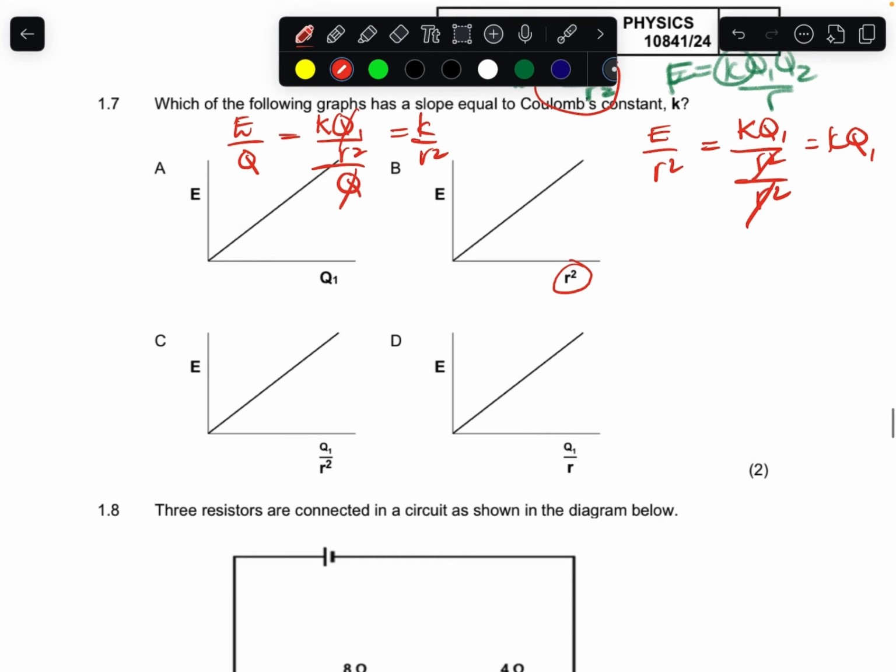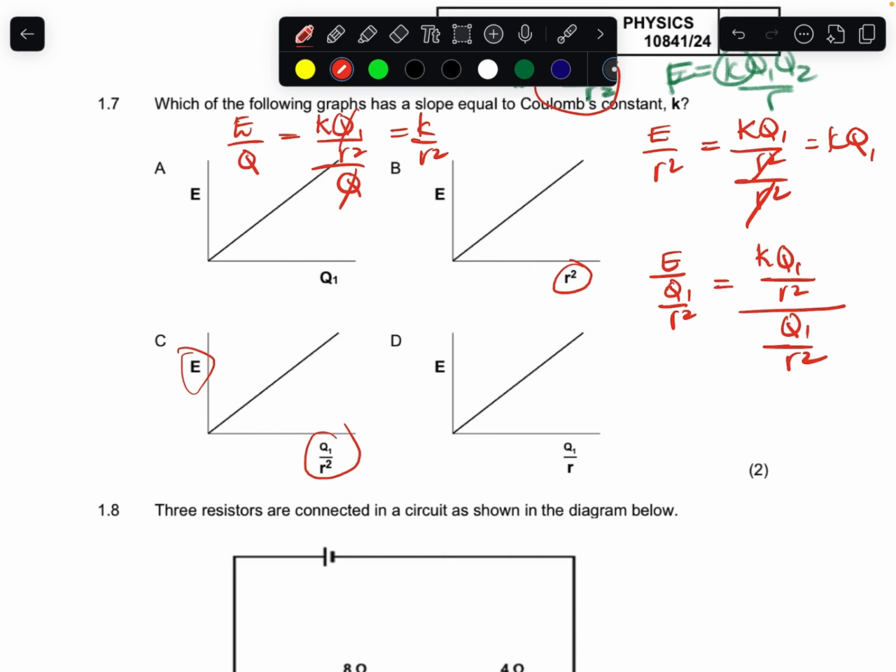Let's look at C. Change in Y over change in X, and then we substitute the E by KQ1 over R squared, all divided by Q1 over R squared, right?